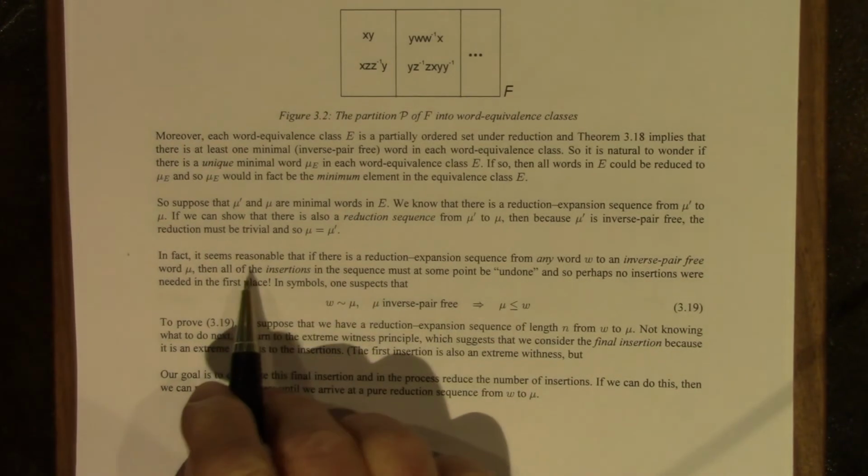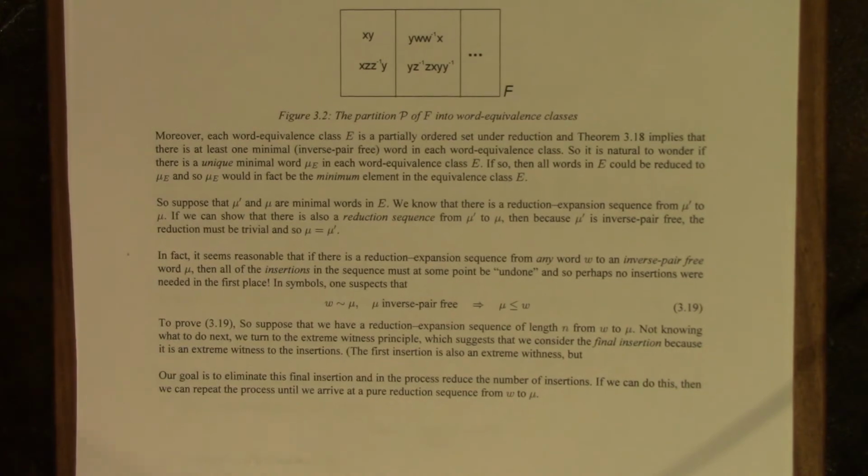In fact, it seems quite reasonable that if there's a reduction expansion sequence from any word W to an inverse pair free word mu, then all of the insertions in the sequence must at some point be undone. And so perhaps no insertions were necessary in the first place.